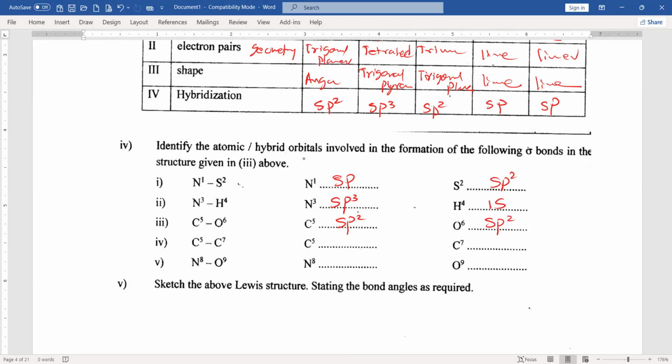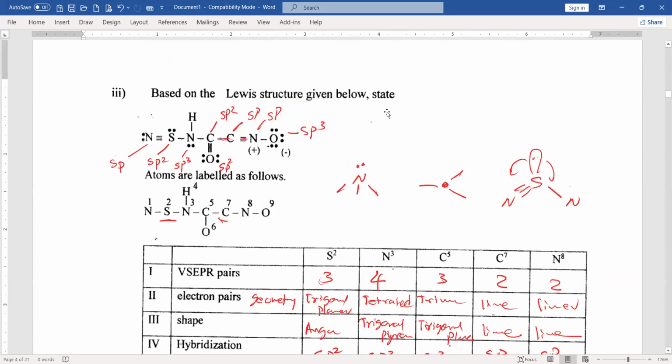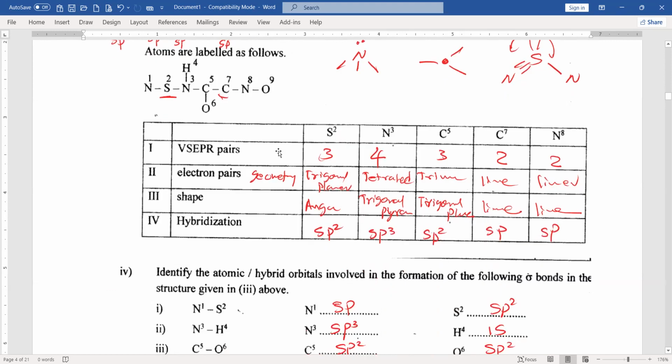C5 is sp2, and C7 here, C7 is sp. N8 sp, and here C9, O9, O9 is here, so it is sp3 hybridized.